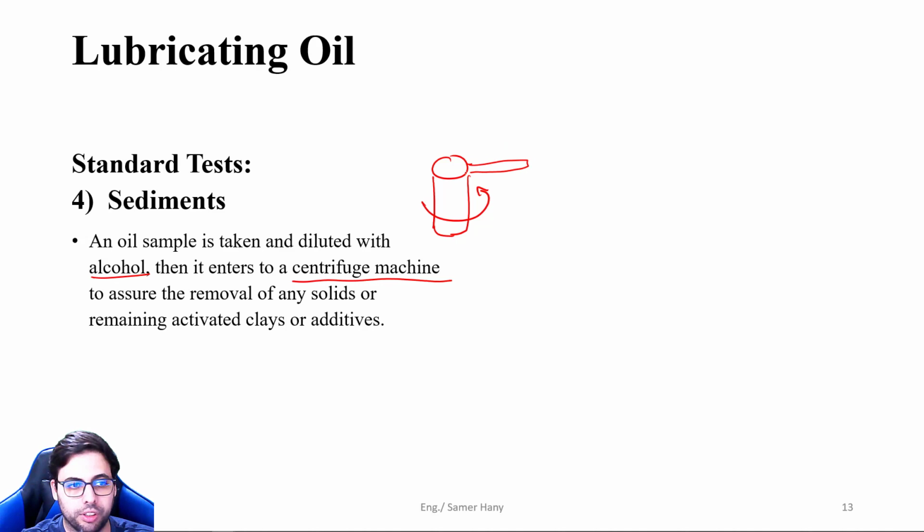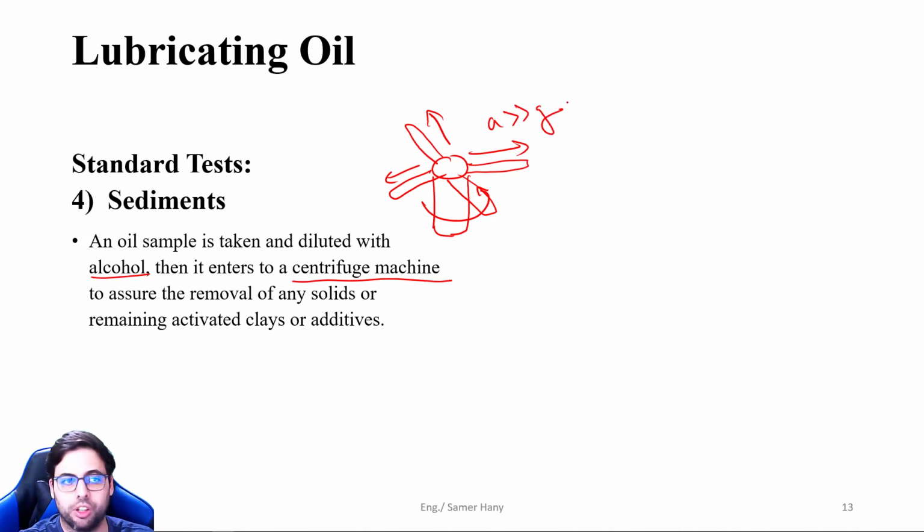It starts pushing the test tubes to be in the horizontal position, like a fan, and applying some centrifugal force with some acceleration, and this acceleration in the radial direction is much higher than the acceleration of gravity, so we can settle the solid particles much faster than waiting for them to just settle under the effect of gravity. Okay.